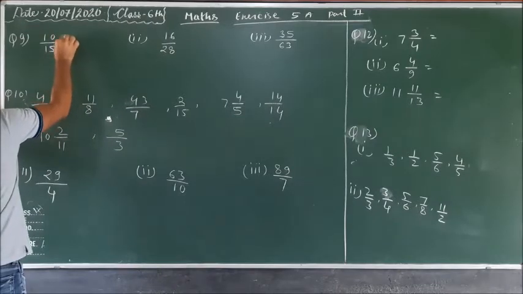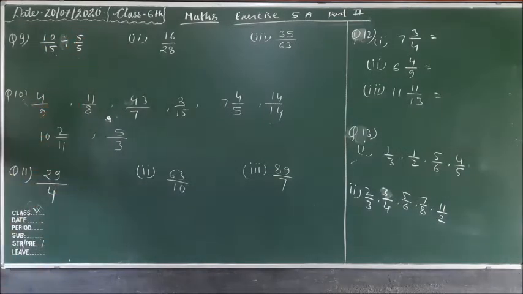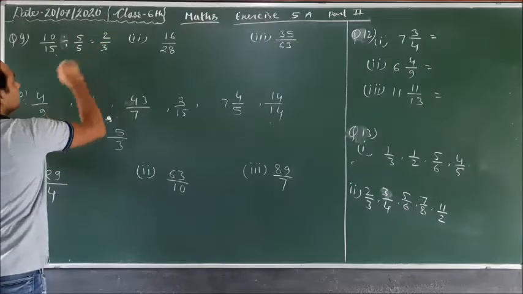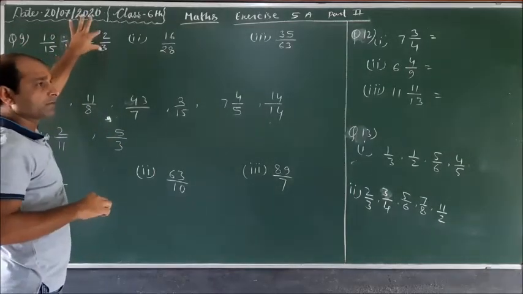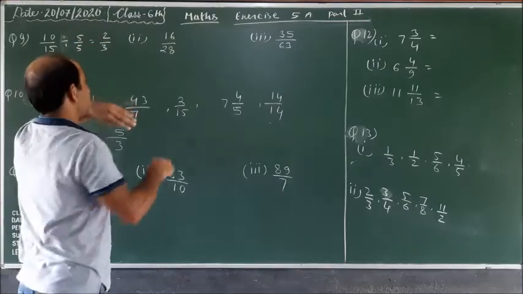So, dear children, 10 and 15 are divisible by 5. Both numbers are divisible by 5. So 5 twos are 10 and 5 threes are 15. But 2 upon 3 is divisible by different numbers because both numbers are prime. So 2 upon 3 is in the simplest form.